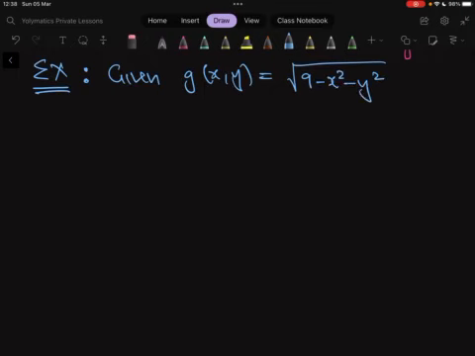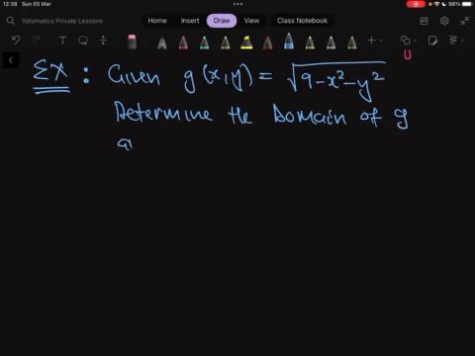And we are asked to determine the domain of g and sketch it. You see, we want to determine the domain of this g and then sketch it.